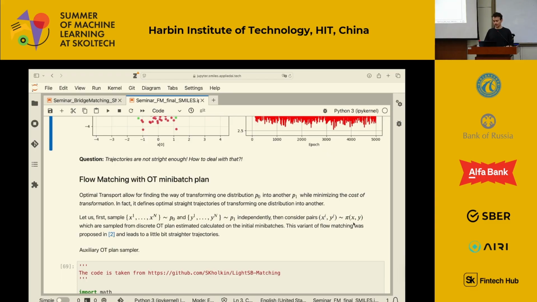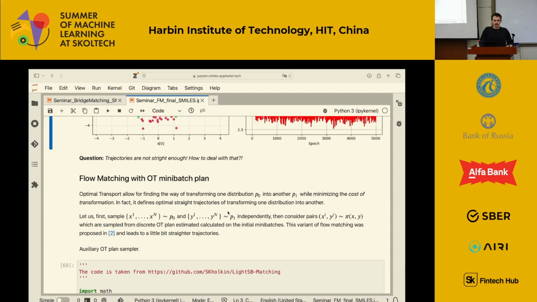This distribution can be independent, as I showed earlier, but actually the best distribution for flow matching is the optimal transport distribution. You legitimately sample from distributions P0 and P1, but the difference in terms of L2 norm between your x0 and x1 is minimal. So it's some kind of minimal energy transport plan.